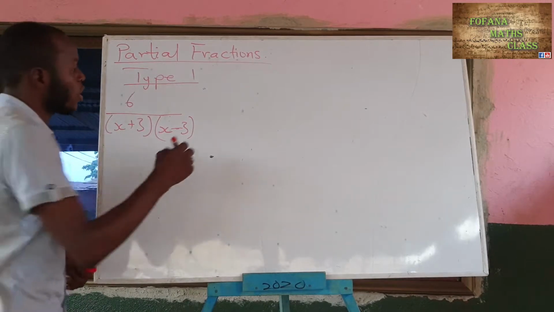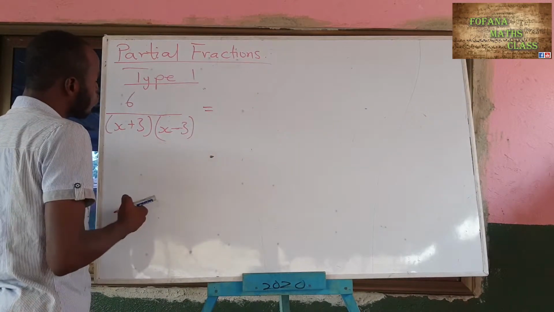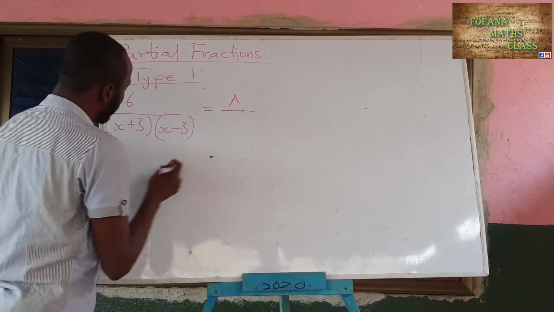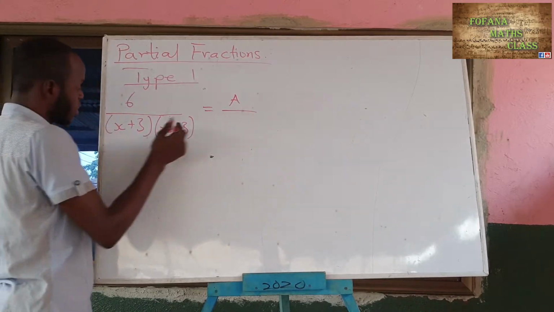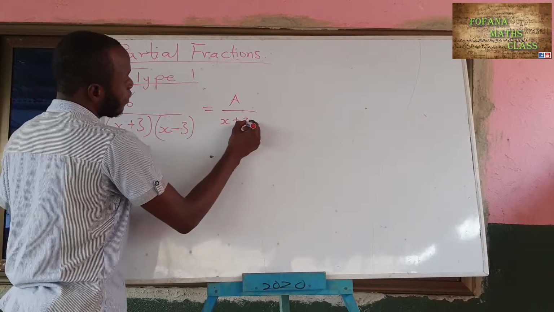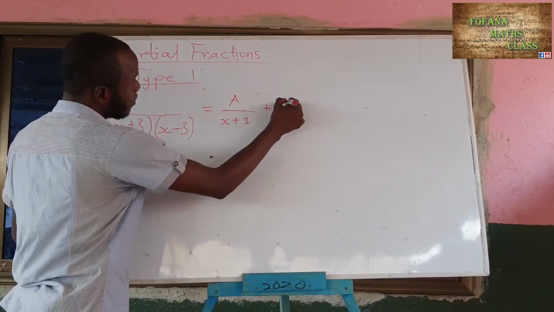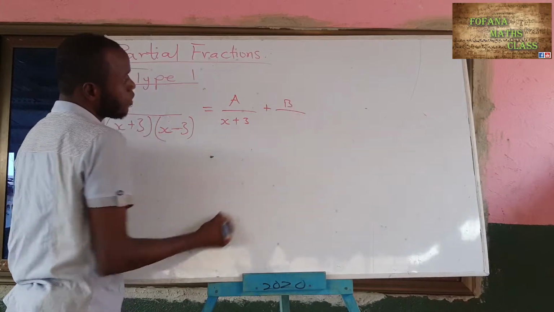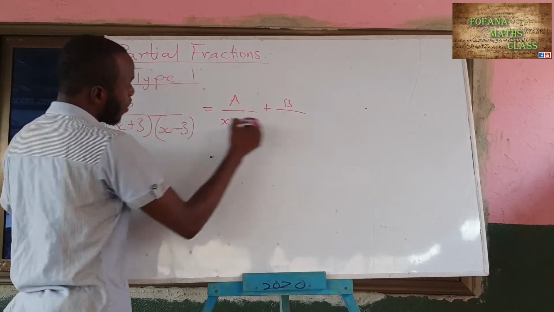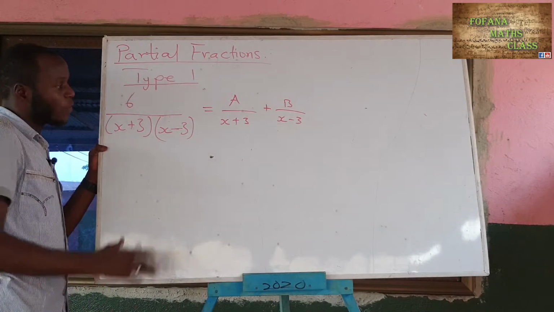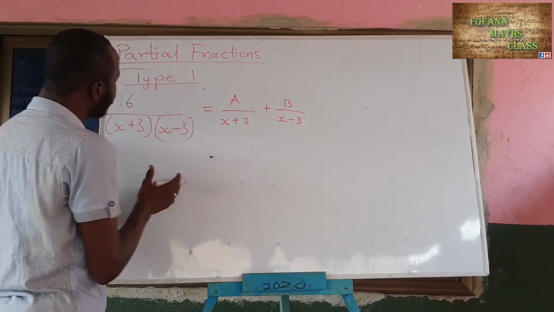So the first thing to do is equate it to a constant, say A, over the first factor, which is x plus 3, then plus another constant, B, over the second one, which is x minus 3. After doing this, you find the LCM.